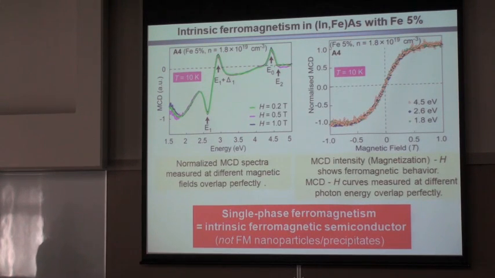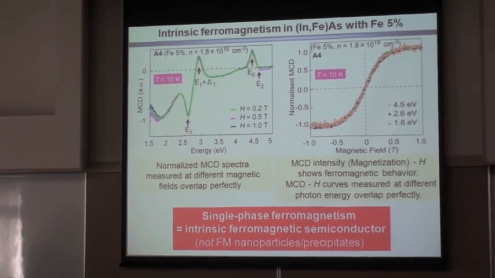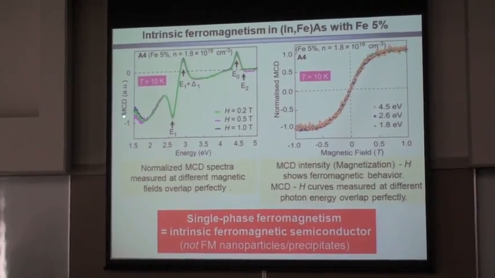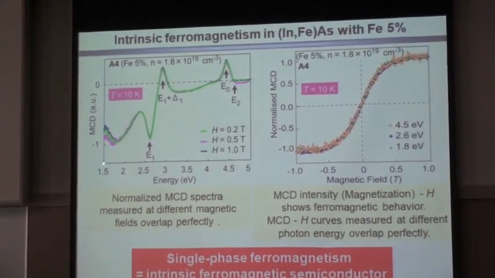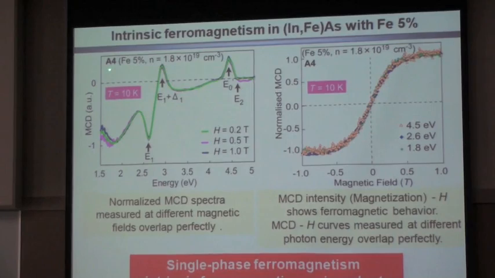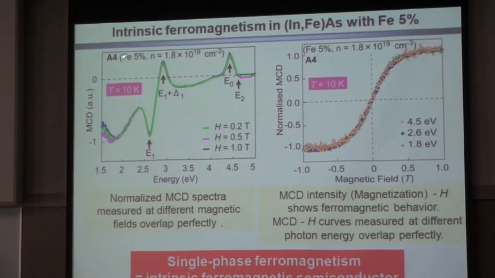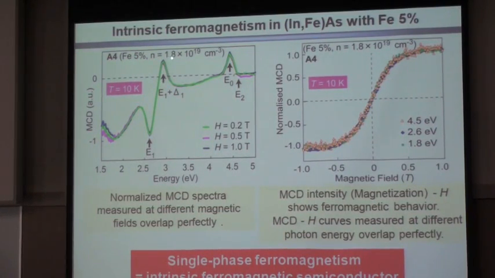And to check whether the magnetic phase is single or not, we measured MCD spectra of one of the samples, sample A4 with iron 5% and an electron concentration of 1.8 times 10 to the 19th, at different magnetic fields.